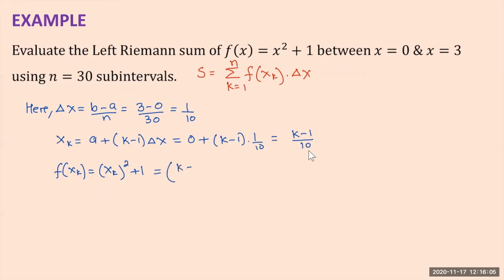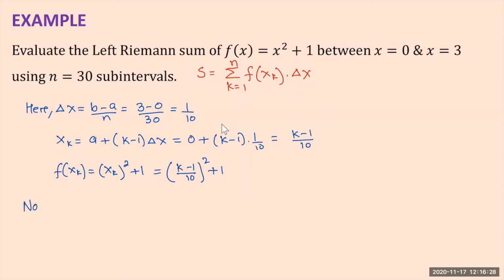So it will be k minus 1 over 10 squared plus 1. So we have all the requirements. We have delta x here, we have xk here, and then f of xk is here. So once we have everything ready, we can use this formula and find the value of the Riemann sum.